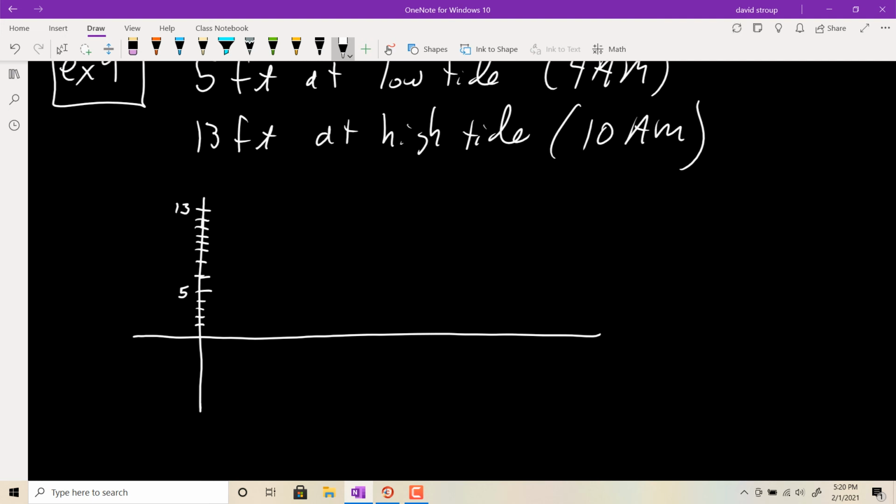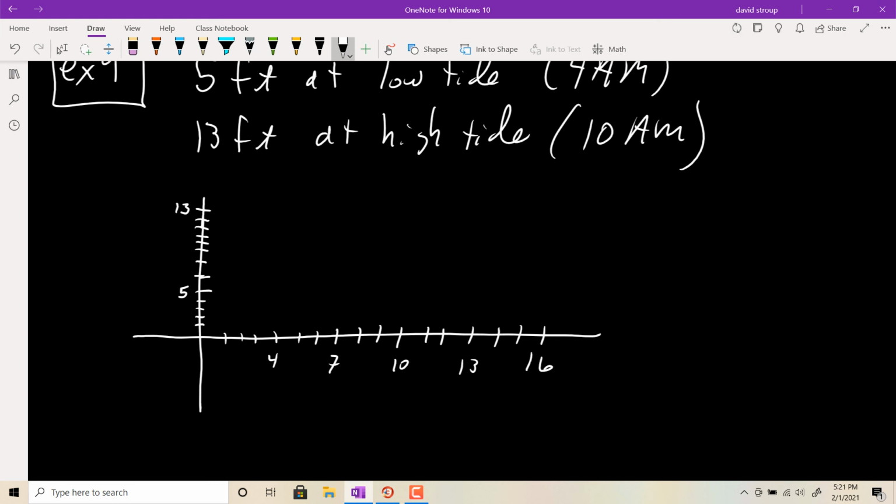And then on the x-axis, 4, 10, and 16 are important, counting up 1, 2, 3 through 16.